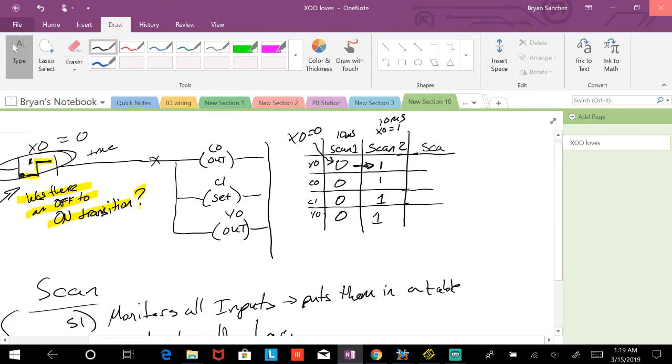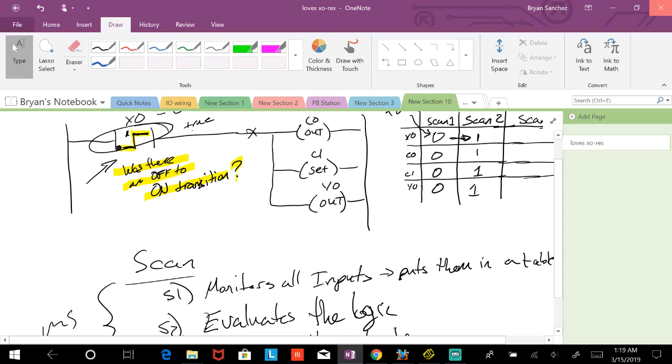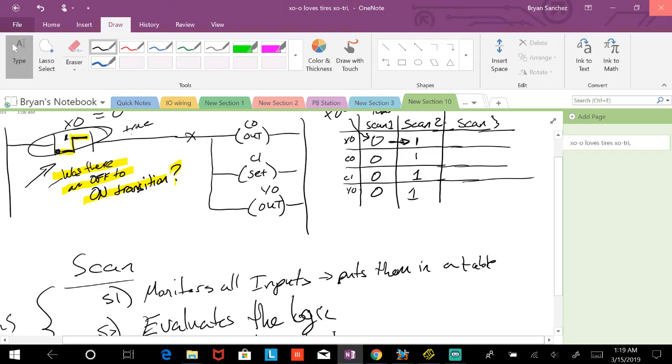Okay. During scan 3, notice that X0 still is equal to 1. Same question. Was there an off to on transition between the previous scan and the scan that is running right now? No, because X0 stayed at 1. It went from 1 to 1, so this is not true.